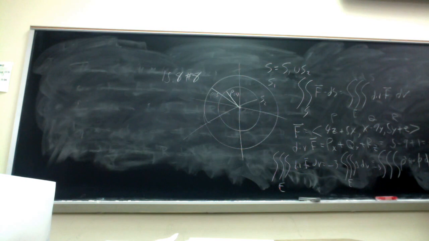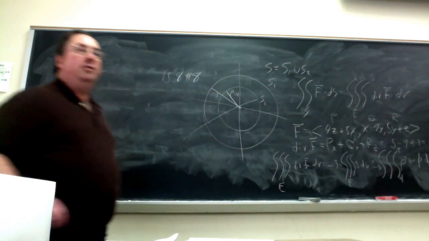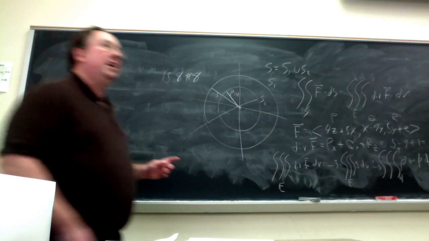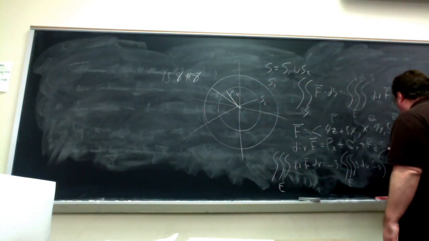d rho, d phi, d theta. Well, what are the limits on rho? 4 to 5, yeah. And then for phi? 0 to pi, because you're going all the way from the North Pole to the South Pole. It's not like a lot of problems where you only have the top half.